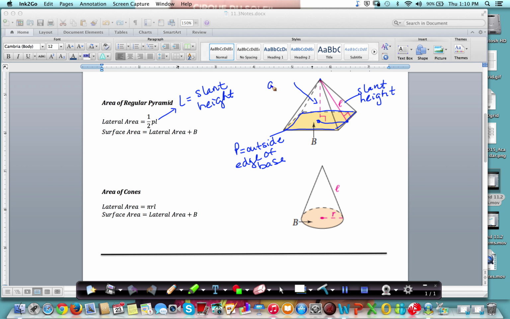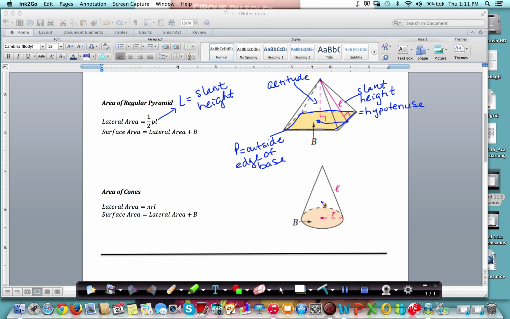That is your altitude. So the altitude and the slant height sort of form a triangle. The slant height is like the hypotenuse of that triangle, and the altitude is like what we consider to be the long leg.